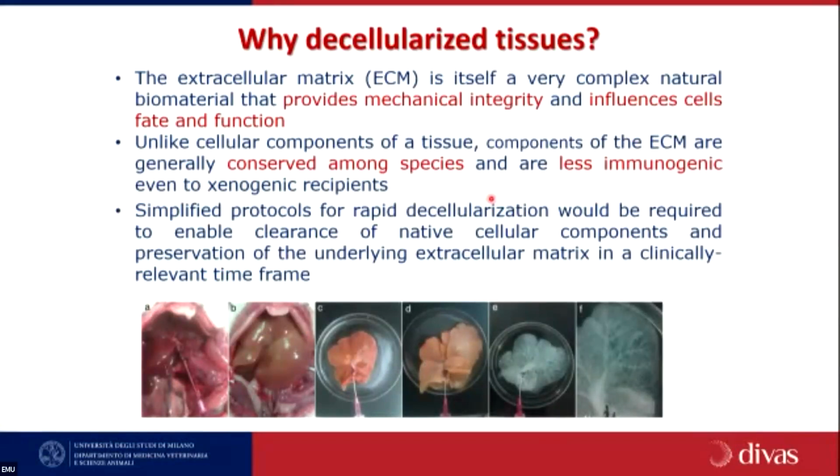So basically, we can use tissue and we get rid of all the cells in the tissue. And so we are left with the pure ECM. And so by doing that, we make sure that we don't need to recreate an environment because the environment is already there, ready for us.